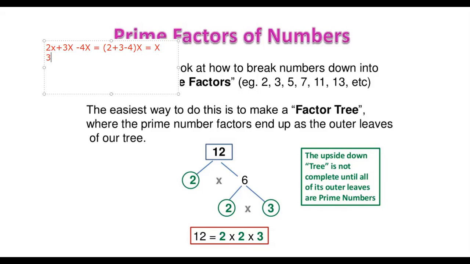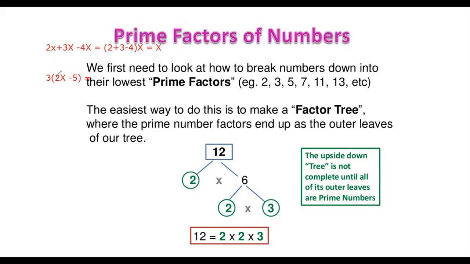Second, we studied how we can distribute a number over a parentheses. Like if you have 3 and then a parentheses, 2x minus 5. Then, how are we going to expand this number? We will distribute the number over the parentheses by multiplication.